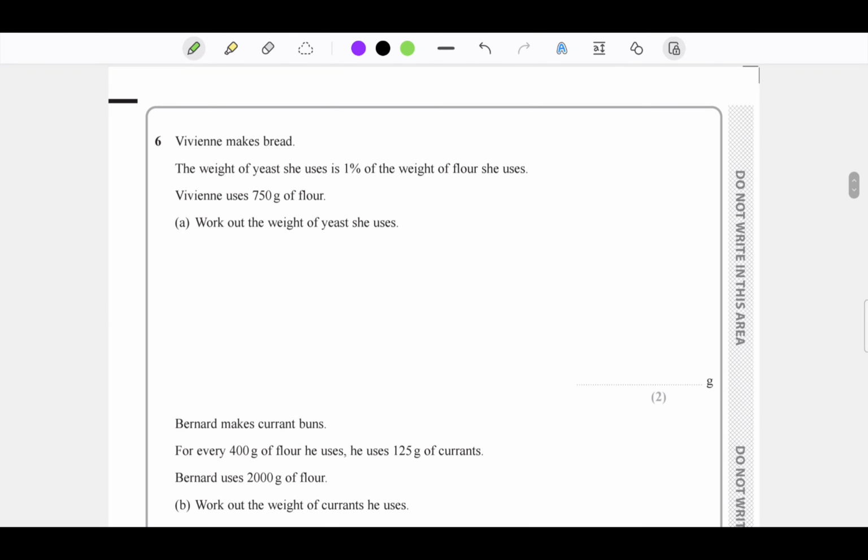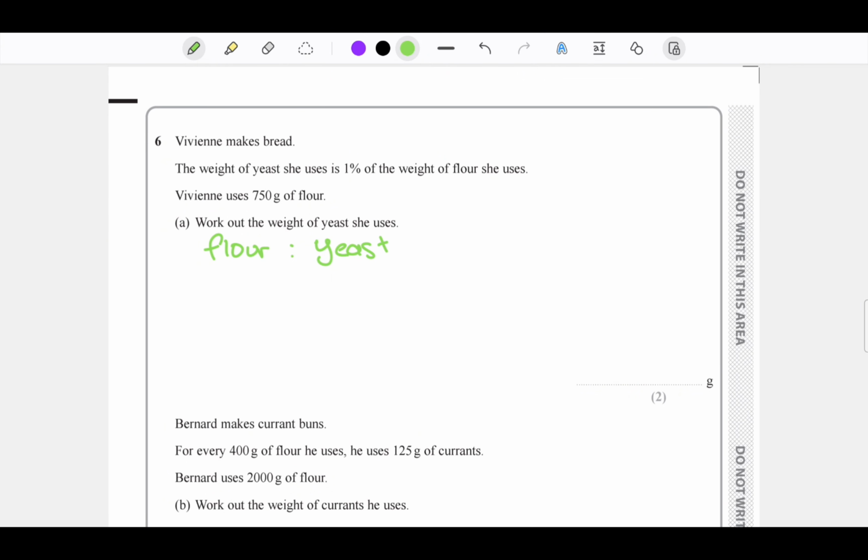Question 6. Vivian makes bread. The weight of yeast she uses is 1% of the weight of flour she uses. Vivian uses 750 grams of flour. Work out the weight of yeast she uses. So this is a ratio question. Flour is to yeast.